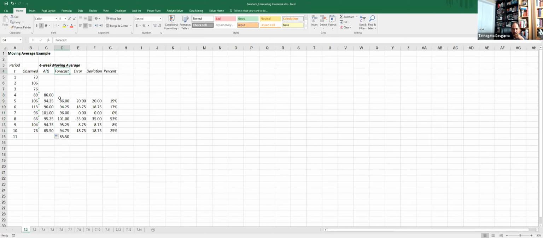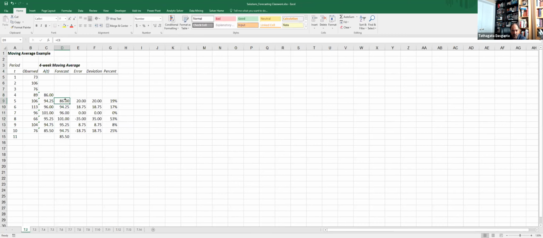And then in the 5th period, because this is a 4-week moving average, you want to put equal to the 4th period of the previous column. So this is equal to C8, as you can see. It's the same as the previous period's number.